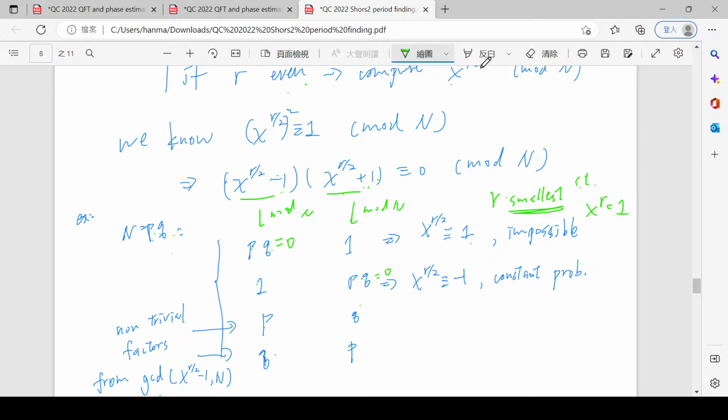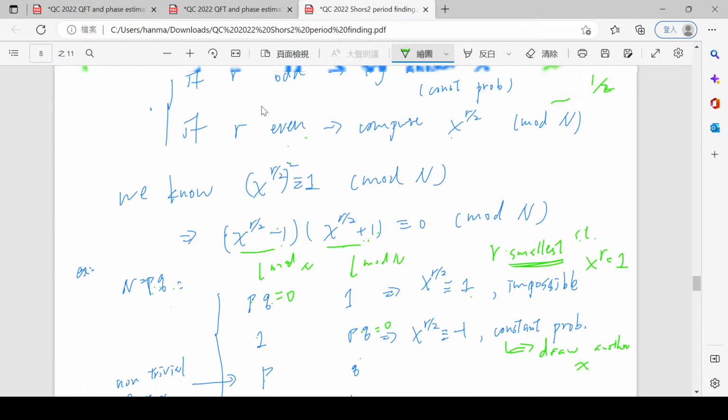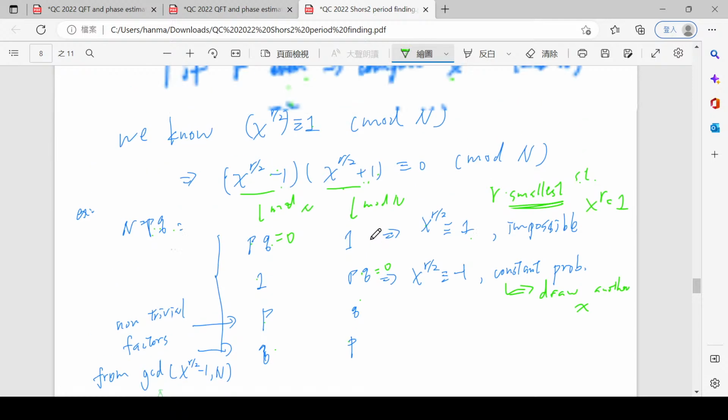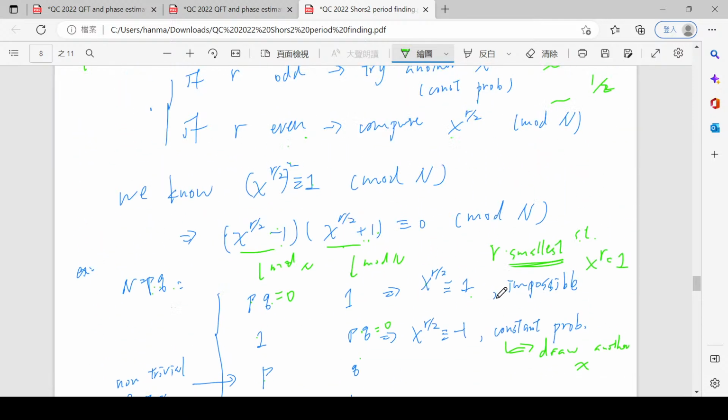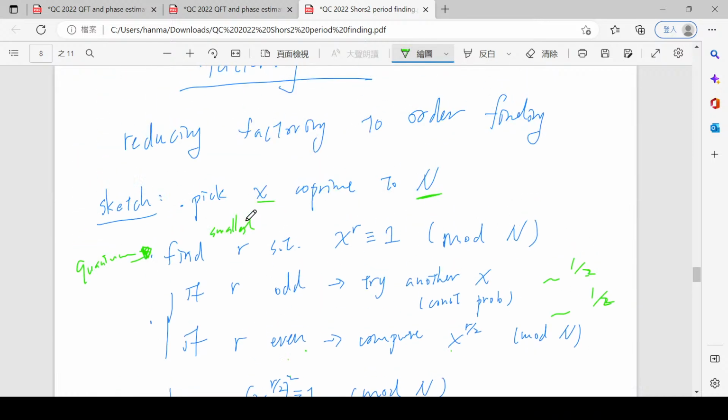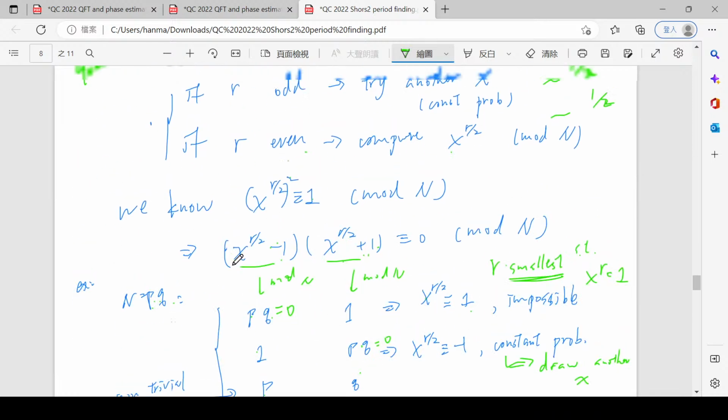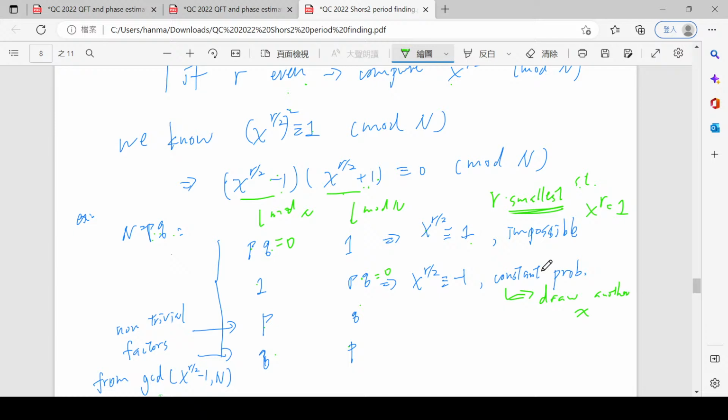So if this happens, then you need to draw another x, just like before. Here is another thing we brush over: we claim that this will happen with constant probability. So if you just draw a constant number of times, you can avoid this happening.